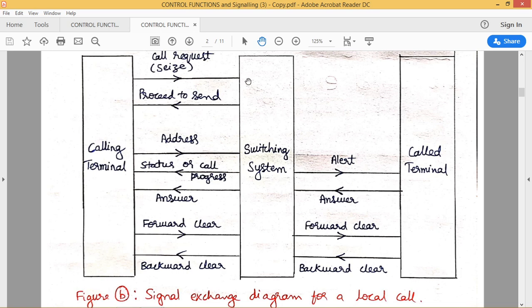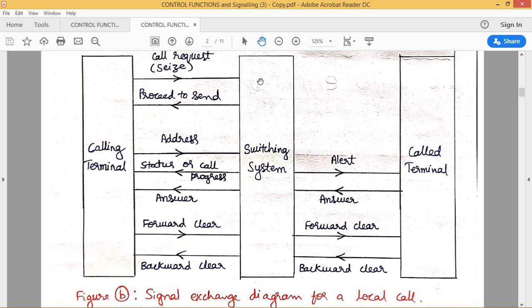Once the local exchange receives the C signal, it will check who wants to communicate, checks the class of service, and determines who the end user is, for whom billing has to be done with the help of metering or ticketing.